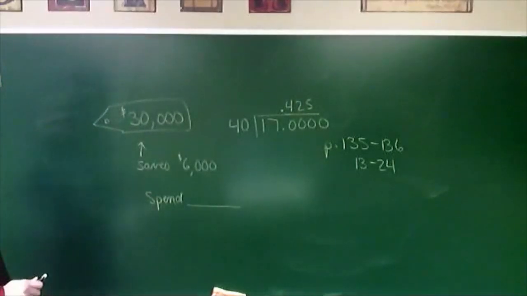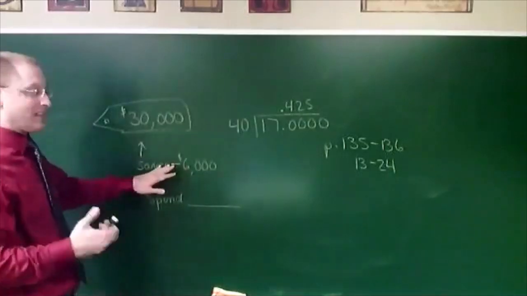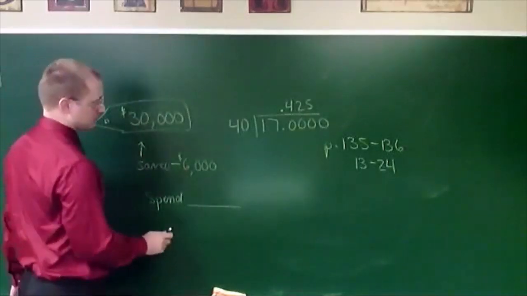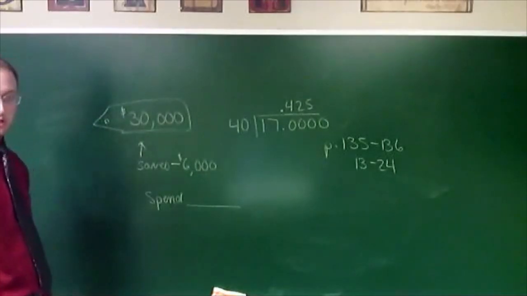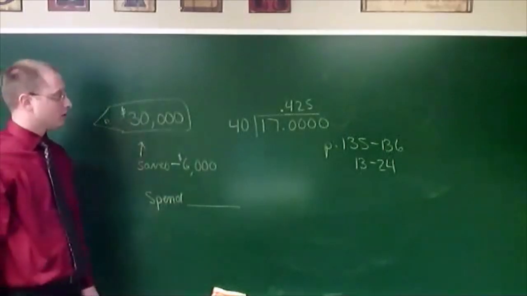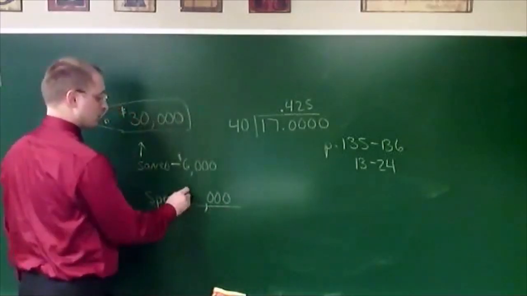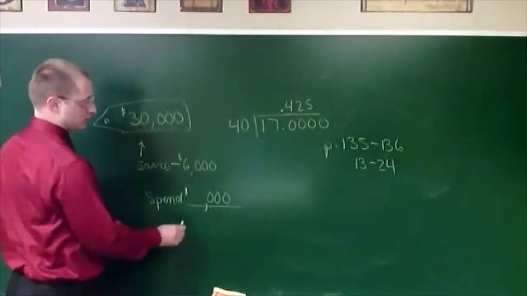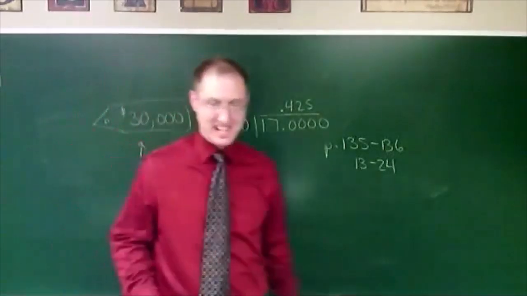Wait. So do I add or, you just subtract, right? Because savings is the amount you have to pay. Yeah. So I can do this. Oh, it is 24,000. That's how much he'd have to spend.